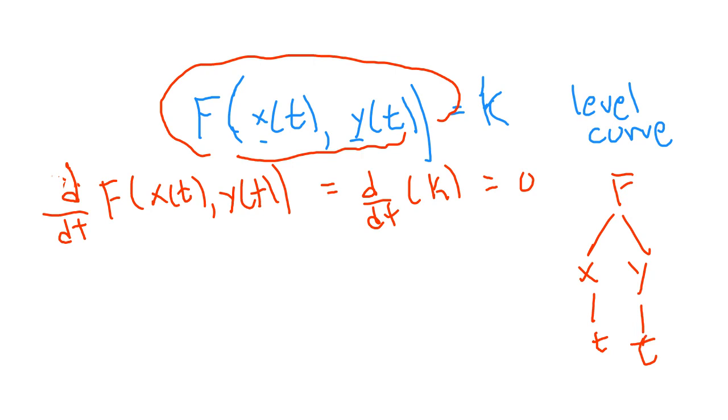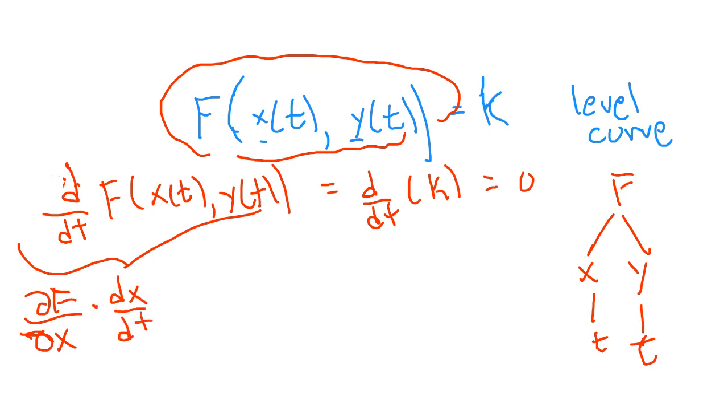And so on the left-hand side, what we have is the partial derivative of f with respect to x times the derivative of x with respect to t, plus the partial derivative of f with respect to y times the derivative of y with respect to t. That equals 0.